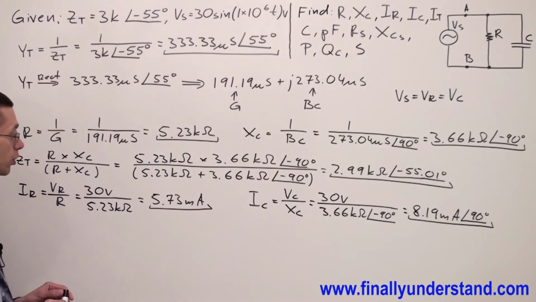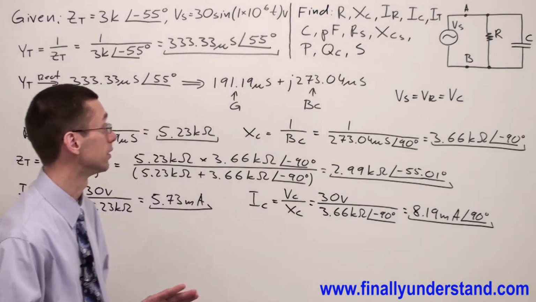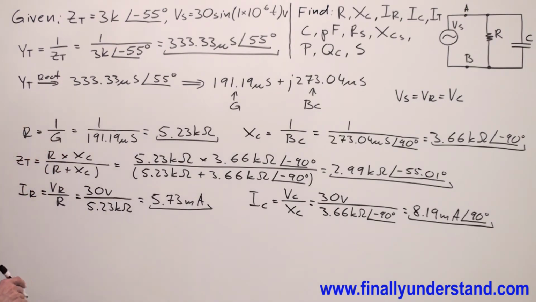Again, someone is going to say, okay, I can keep going, but the thing is, it's always good to verify that our answers are correct. So what we're supposed to do first? We're supposed to find I total using one way. So I total is equal to the voltage source over Z total.